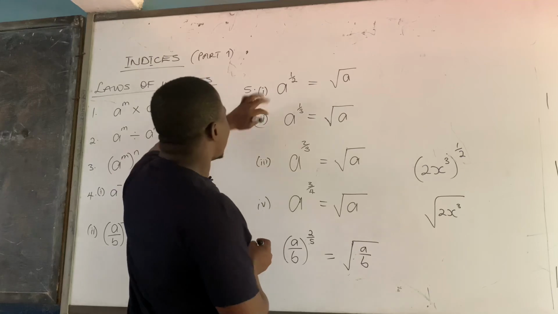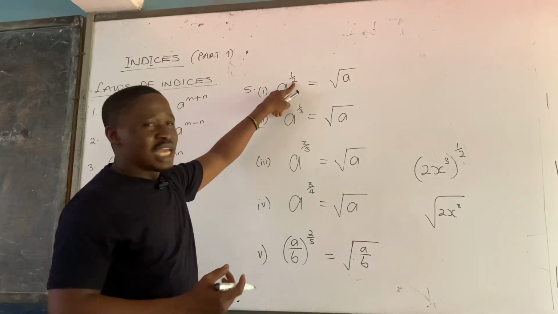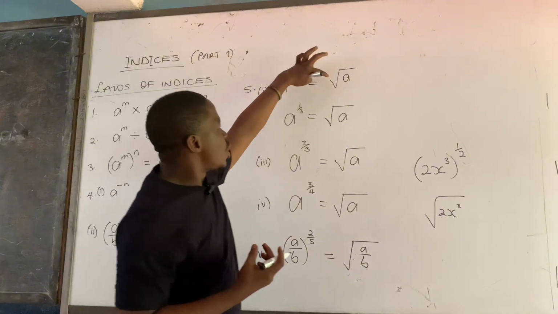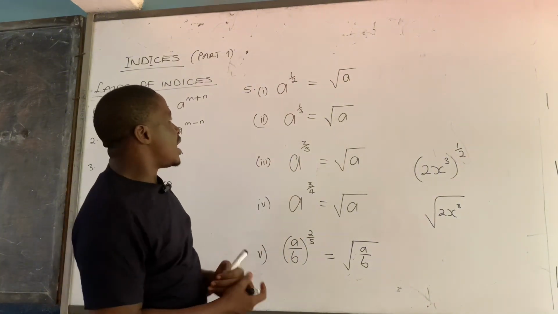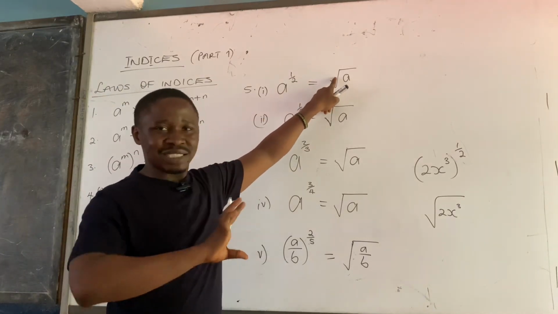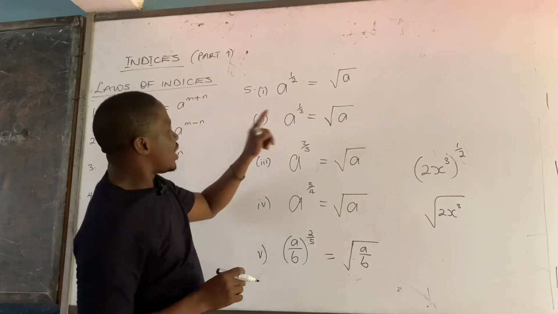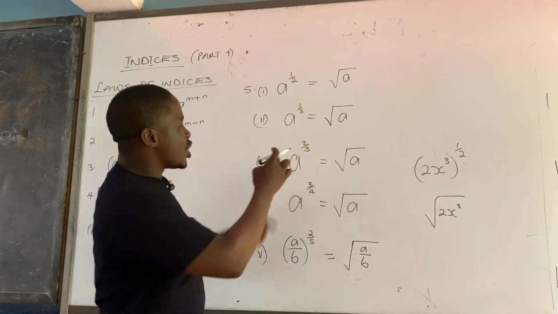So what else do we do? Now, the denominator of the fraction here is 2. If the denominator of the fraction is 2, you don't write anything here. If the denominator is not more than 2, we leave this space as it is. But if the denominator of the fraction is more than 2, we write that denominator here.